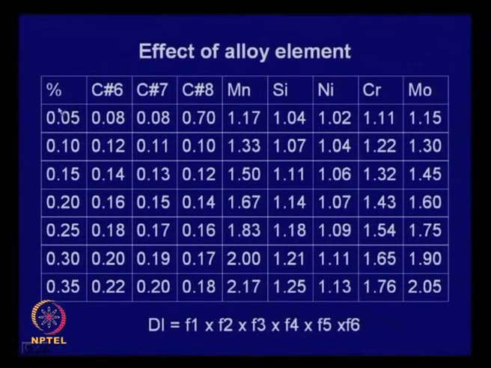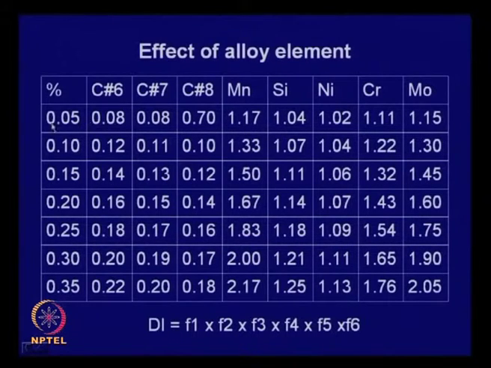At 0.5% carbon steel, the factor is 1.17, but its effectiveness increases if the amount of carbon increases. That is a synergy. With 0.35% manganese, the value is this. It need not necessarily be linear, but these are the values.